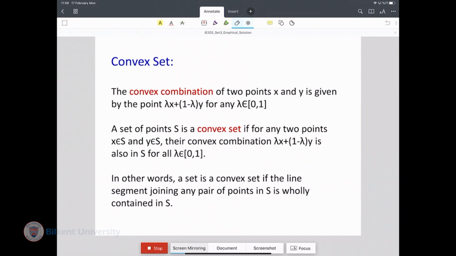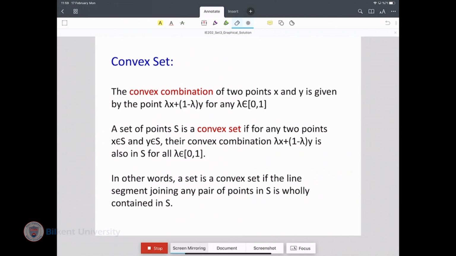Now, the definition of a convex set is what's written underneath that. A set is called convex if you pick 2 points and you look at the convex combination for all lambda. If every point in their convex combination is also in this set, we name that set as the convex set. Got it?